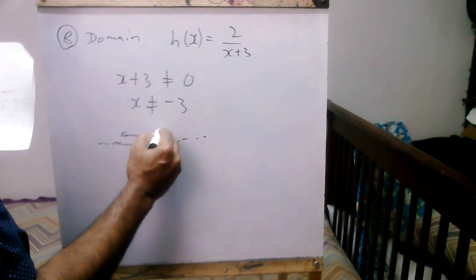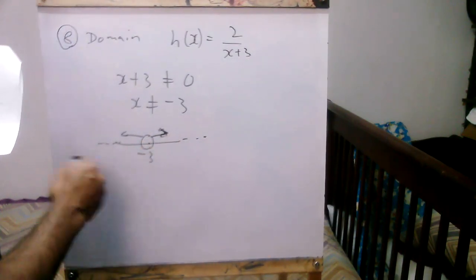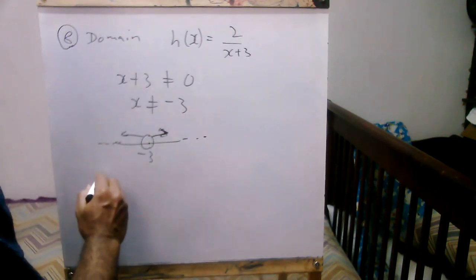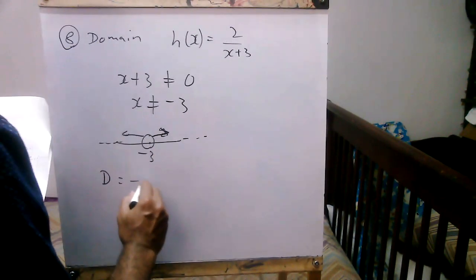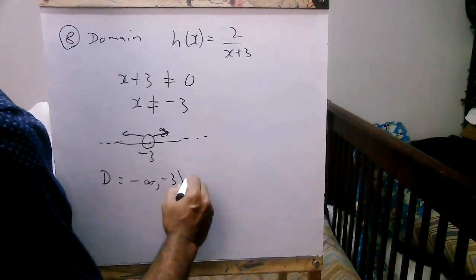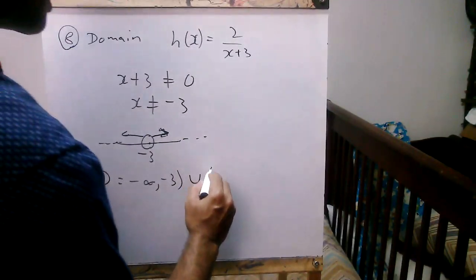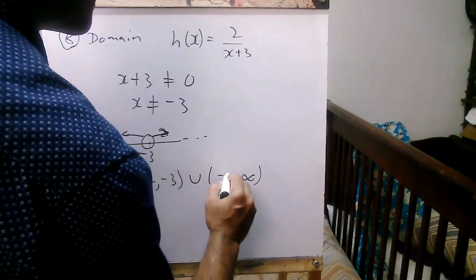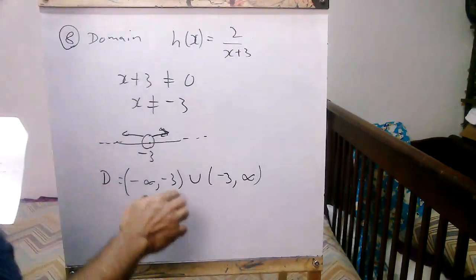So what does this mean? Negative infinity to here and here to positive infinity. Domain equal to negative infinity to negative 3 union negative 3 to positive infinity, right?